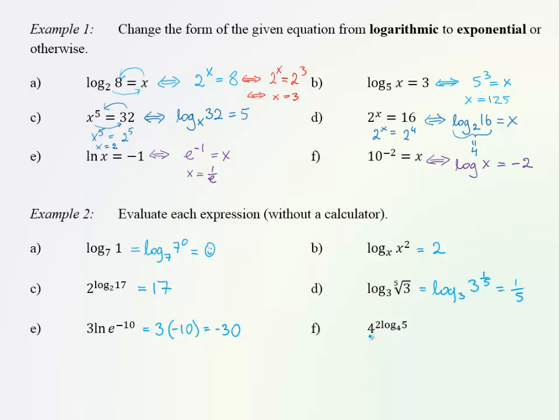And the next question is a little bit harder, because we can't really cancel these inverse functions, 4 to something and log of something, because of this 2 that disturbs us. So how can we get rid of this 2? Well, we can change the order of this multiplication. Since multiplication is commutative, I can take 4 to the log first and then take it to the 2, because when you take a power to a power, you multiply exponents, so it's the same.